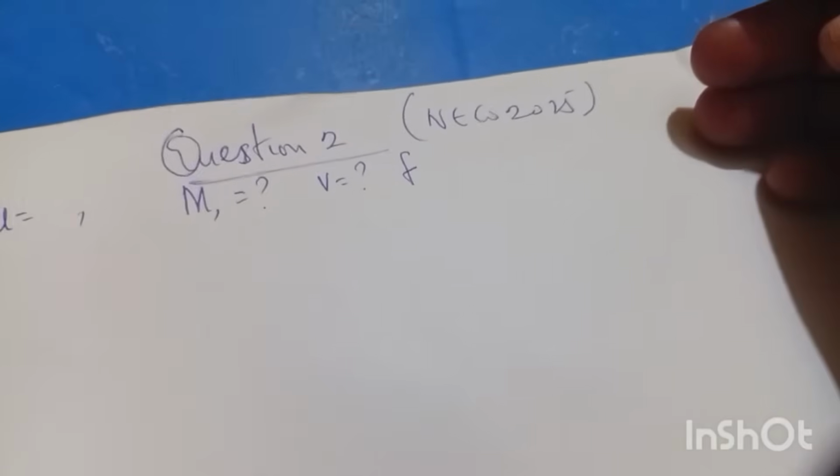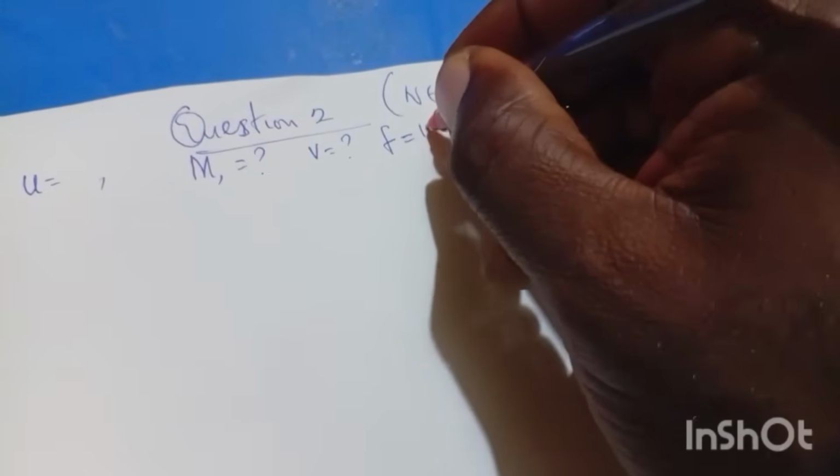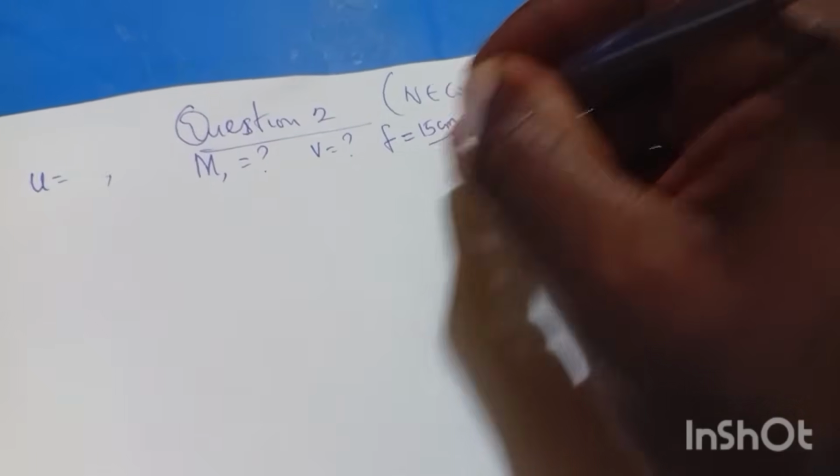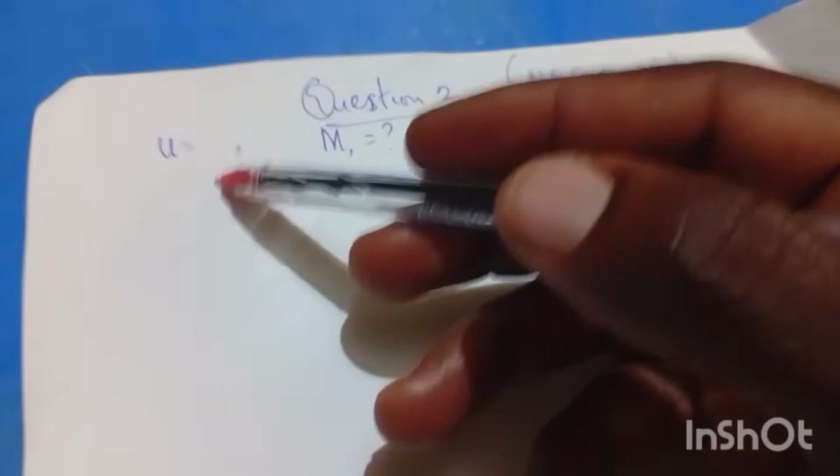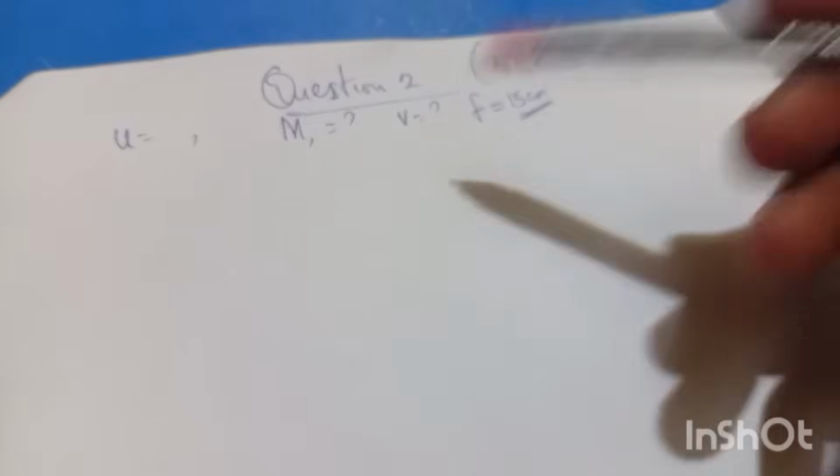You are using a particular lens, and that lens has its own focal length. For you candidates, you will not know, but we tutors know that the focal length you are using is 15 centimeter. Since my focal length has been known, and they will give me the object distance, the rest is very simple. Without wasting time, let's enter.